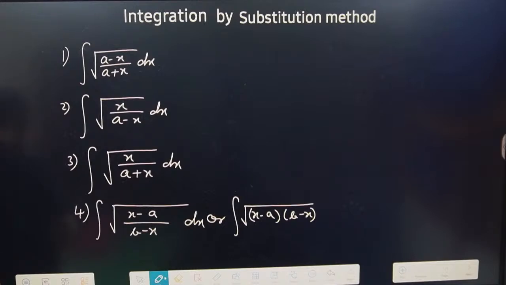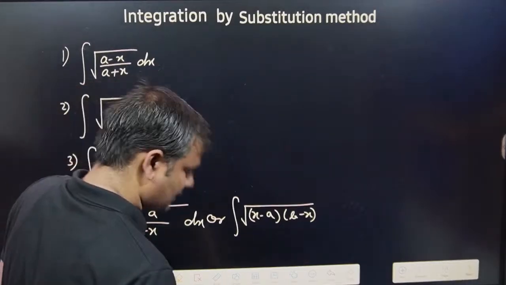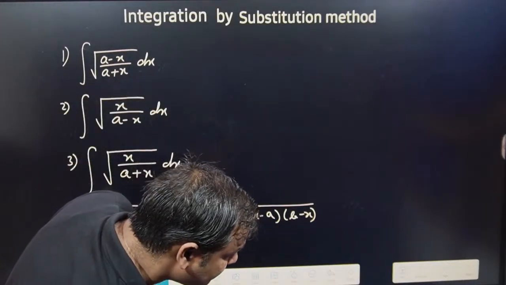Is the voice clear or not? Okay, before starting, look. Now, I have discussed one by one.